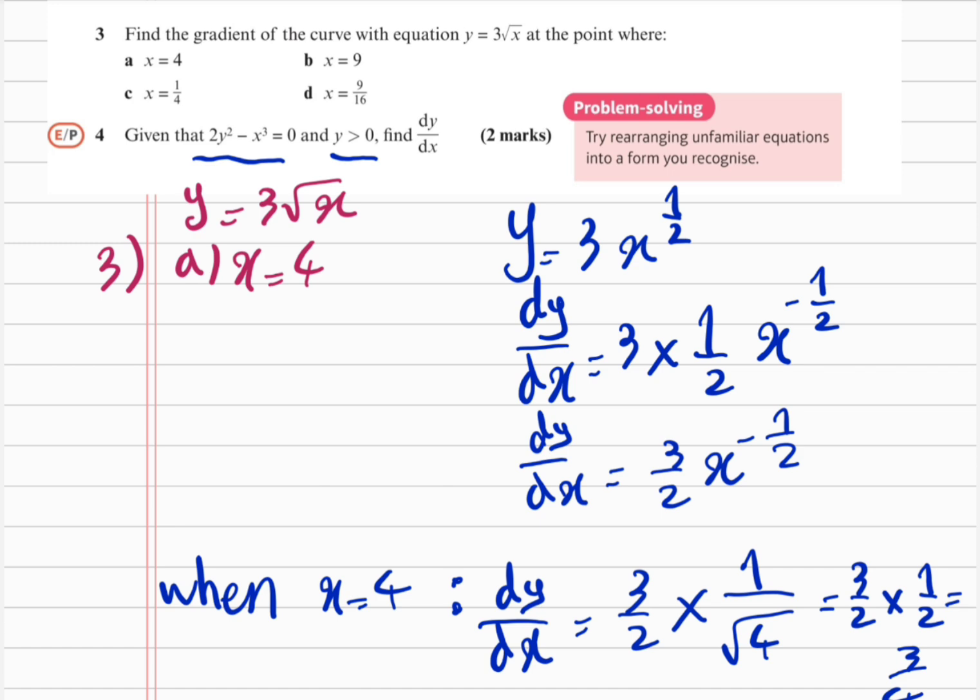But now for Pure 1, whenever you see equations that are in an unfamiliar form, then the best thing that you can do is just rearrange it so that y is the subject, and then it's written in terms of x. So in this case, let's rearrange this and make y the subject.